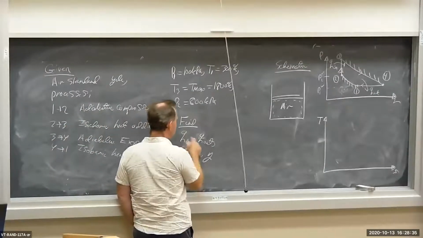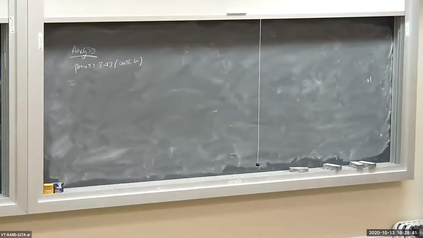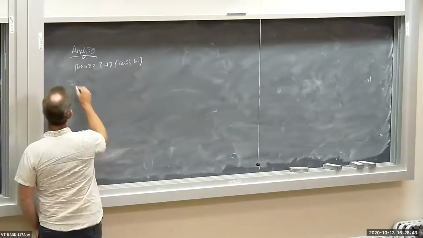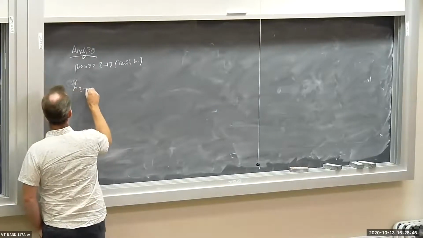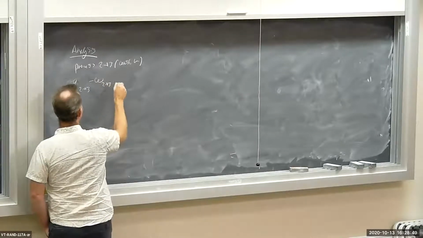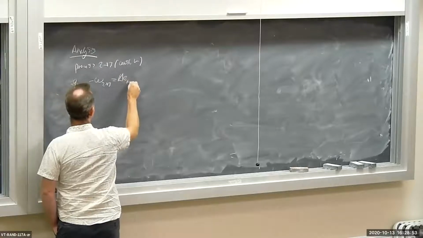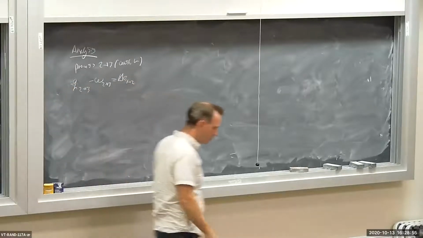I'm interested in heat transfers and works per unit mass. So I can do everything on a per unit mass basis in this problem. So let's see here, Q 2 to 3 minus the specific work 2 to 3 is equal to delta E 2 to 3.